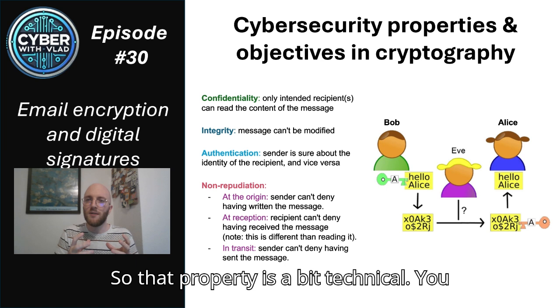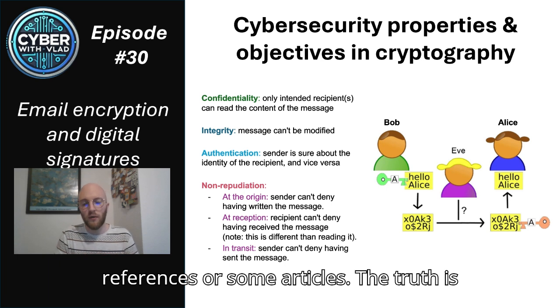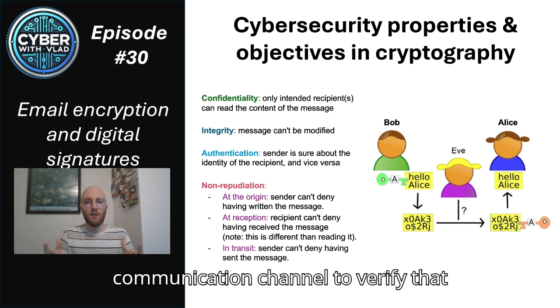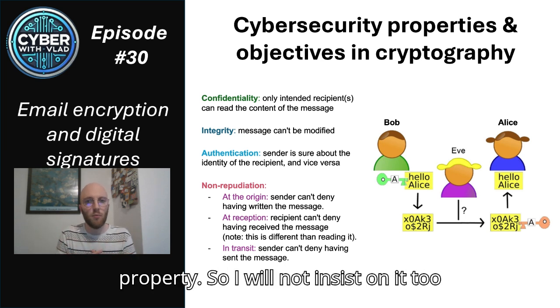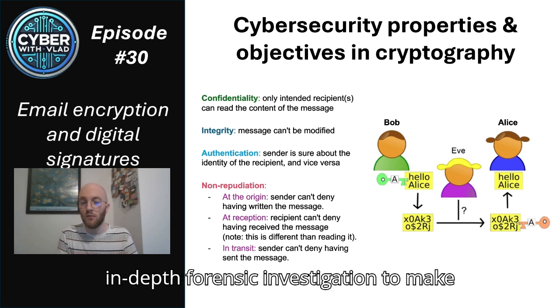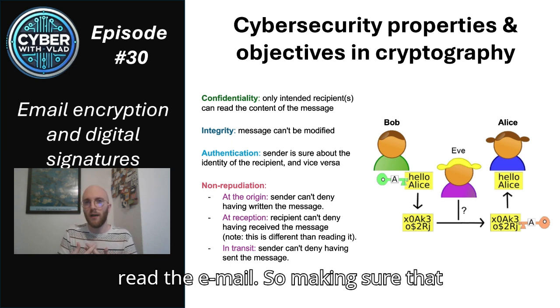So that property is a bit technical. You will sometimes see it in some references or some articles. The truth is that it's really hard within a communication channel to verify that property. So I will not insist on it too much today. It often requires in-depth forensic investigation to make sure that someone has, for example, read the email.